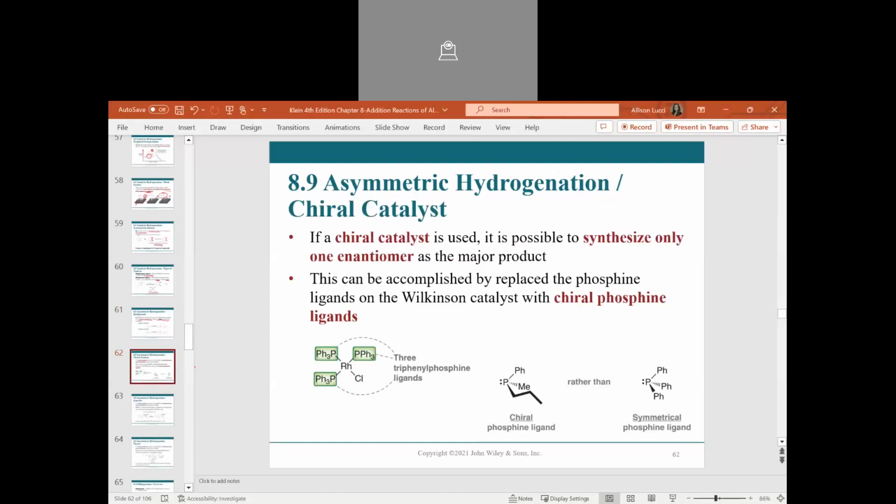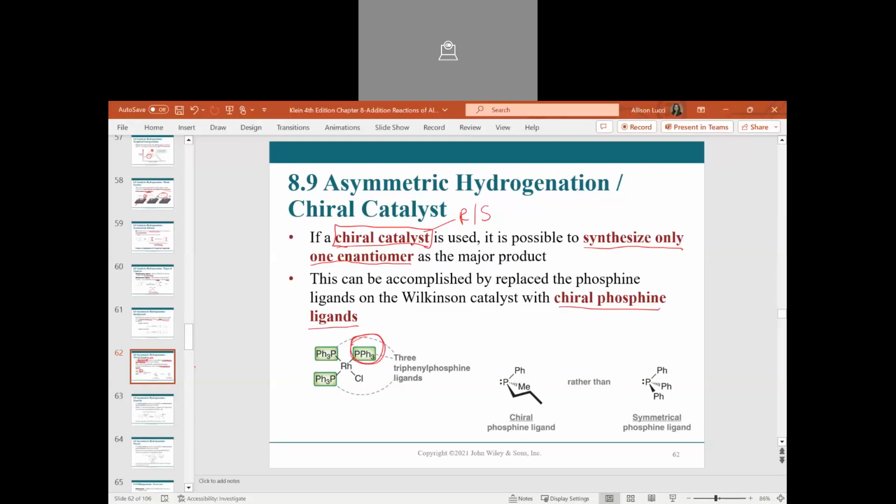And if we use a chiral catalyst, so one that has either R or S configuration, it would be possible to synthesize only one enantiomer, right? So R over S or vice versa. When we use one of the ligands, one of these phosphine ligands here, that would be chiral, right?